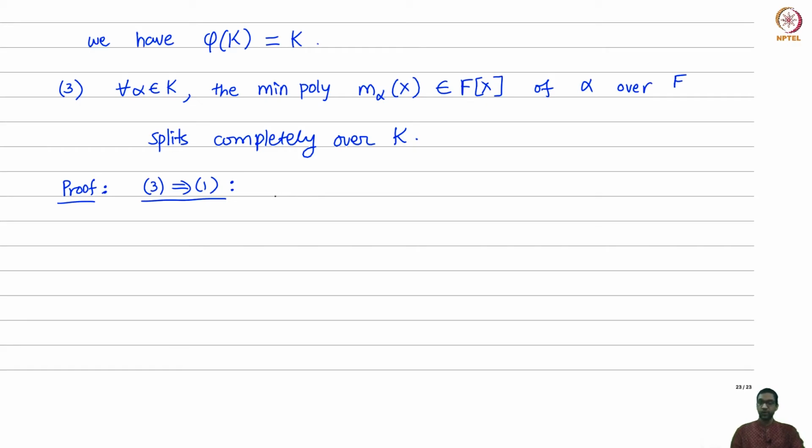Here the collection of polynomials is obvious. Consider the collection of minimal polynomials m alpha of x for every alpha in k. This is a very large collection of polynomials with coefficients in f.